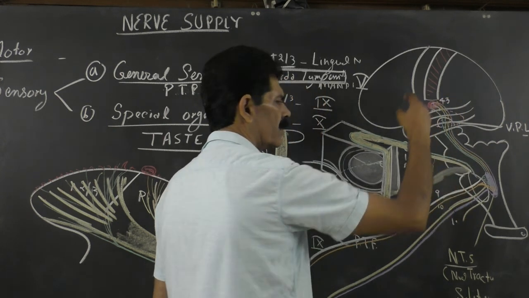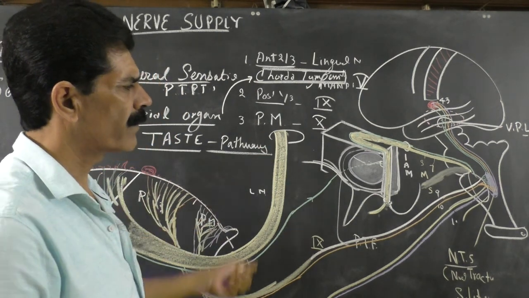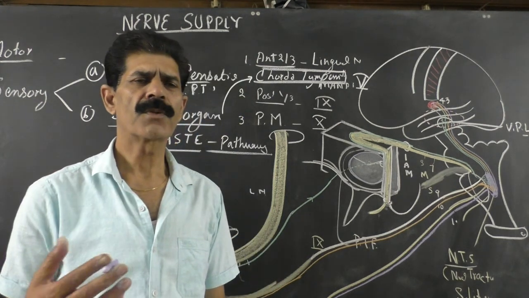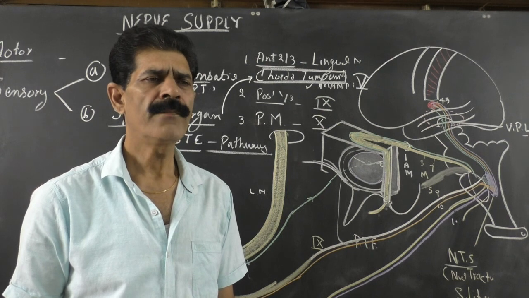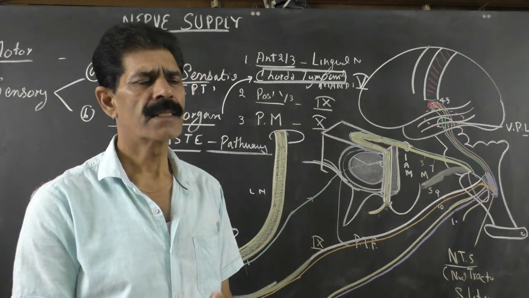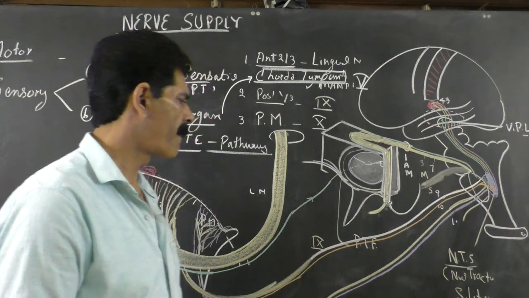So vagus also reaches it. In this way, this is the taste pathway, how from the anterior 2/3, posterior 1/3, and posterior most part of the tongue, the taste fibers ultimately reach the conscious level of the brain, called the taste area in the parietal lobe.